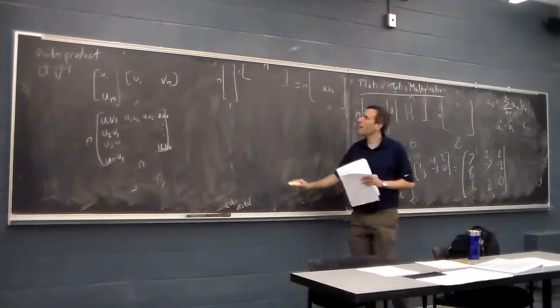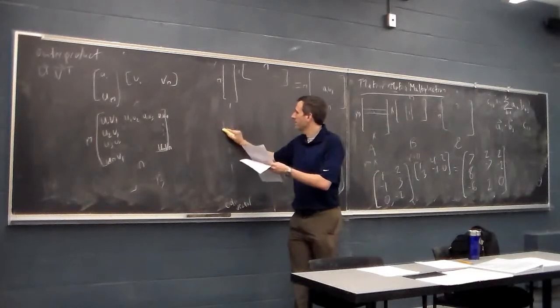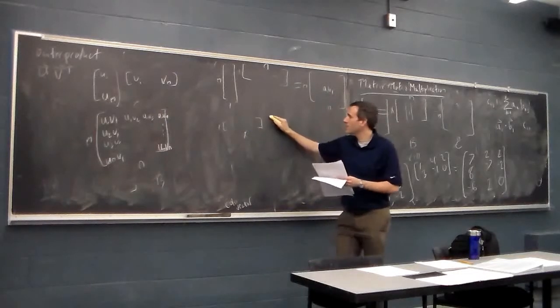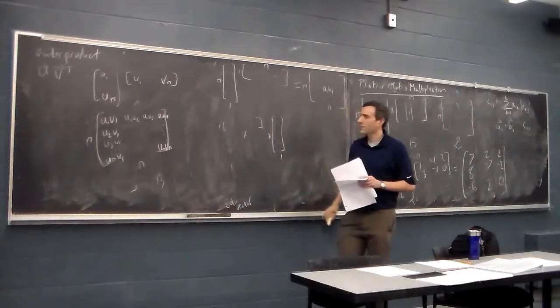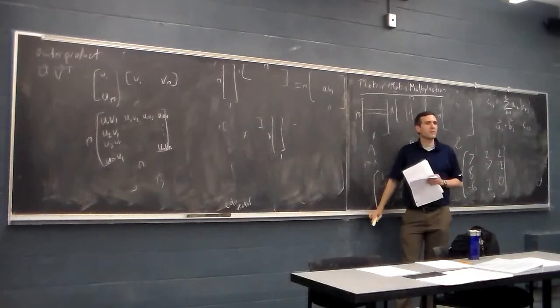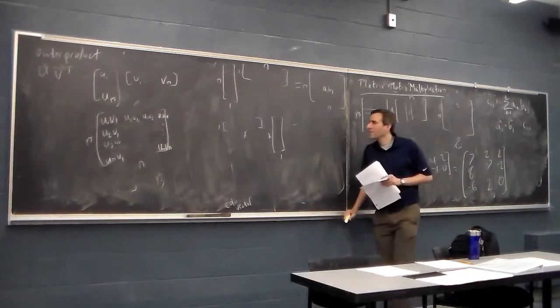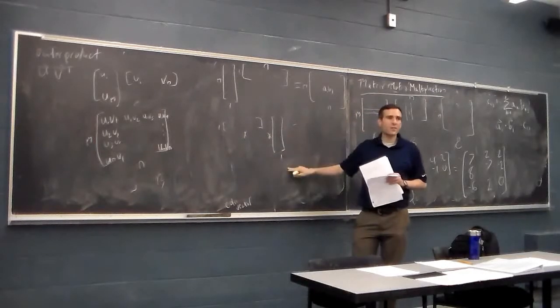Likewise, with the dot product, we have a 1 by x vector times an x by 1 vector. So what should the dimensions of that be? Well, in this case, we have 1 by x times x by 1.